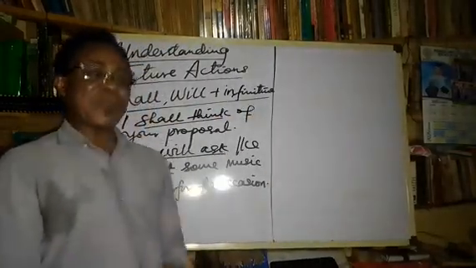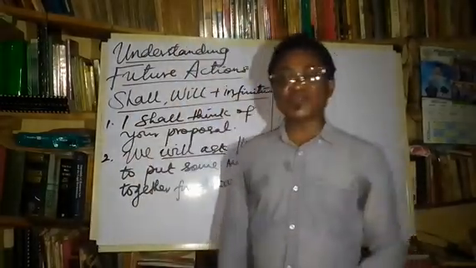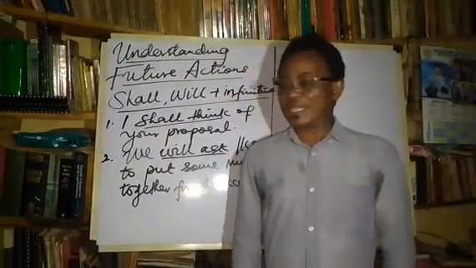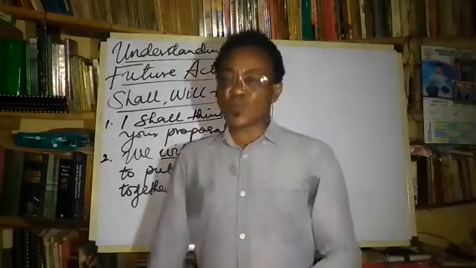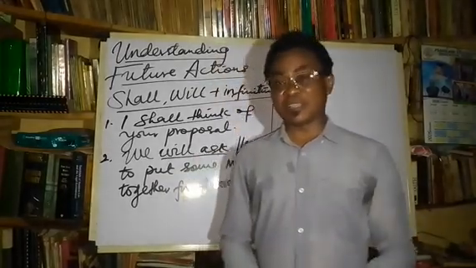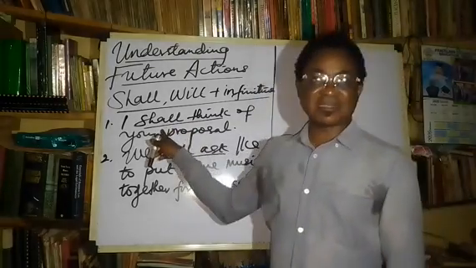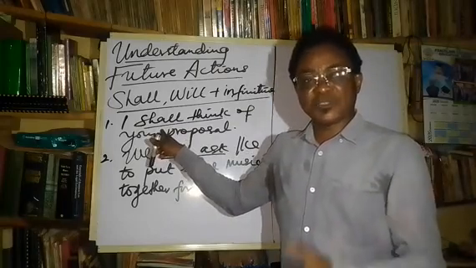We talk about future probability, and we talk about future with promise or with willingness. It is a difference between shall and will. Then I must add quickly that because of these differences, especially in modern English, the use of shall to express a future action is becoming more formal and is less in use than will.